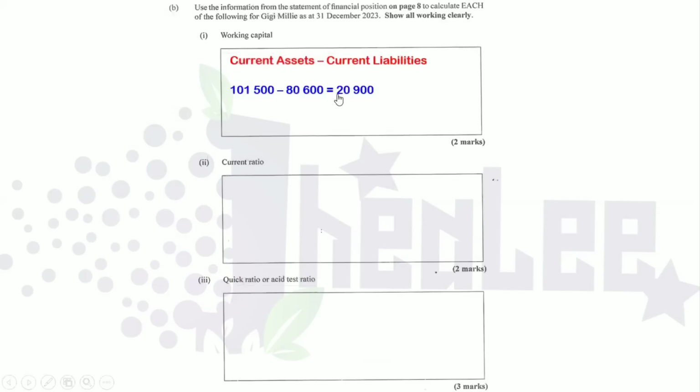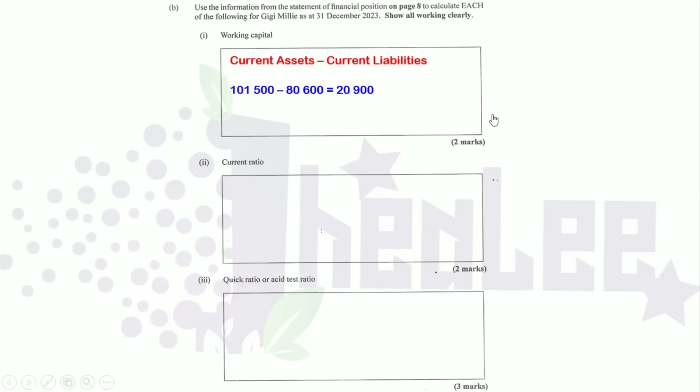So that is 101,500 minus 80,600, and that gives us working capital of 20,900. Remember, your working capital is the value that you have remaining out of your current assets, having paid off your current liabilities.